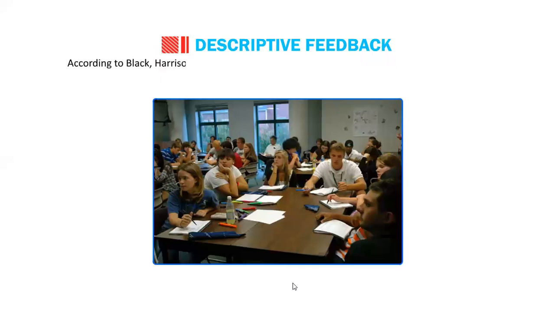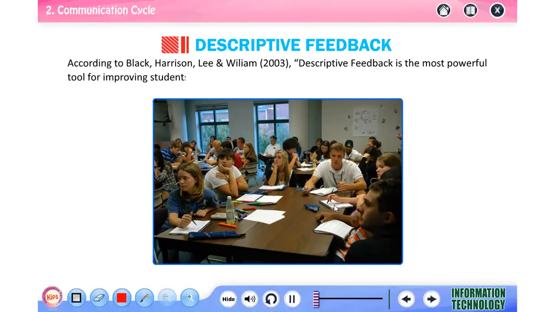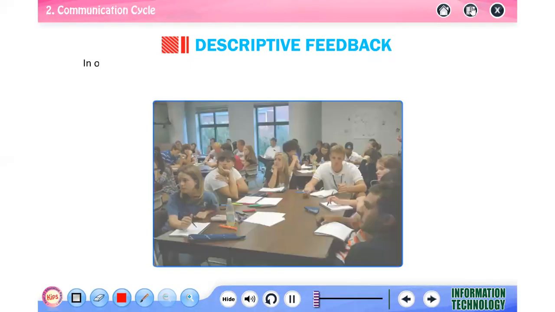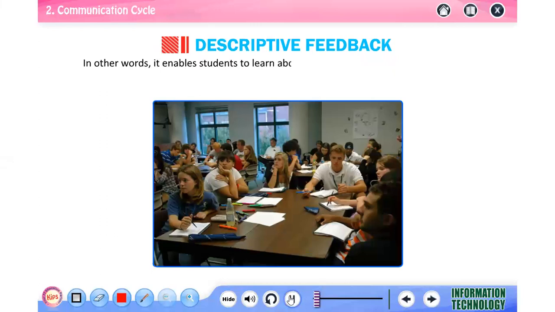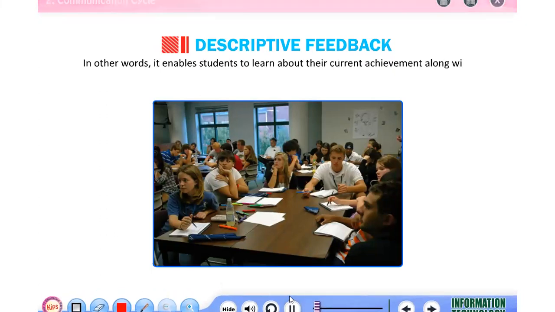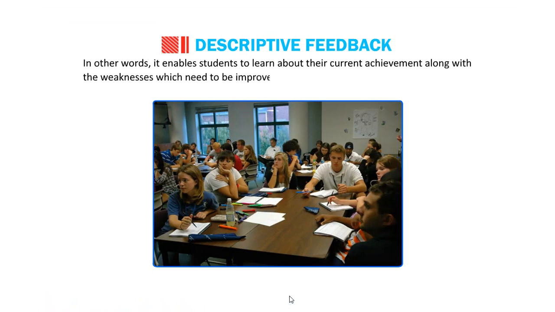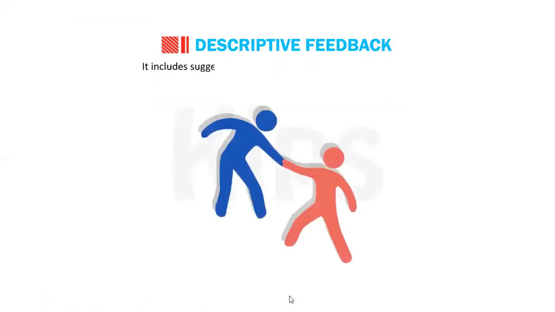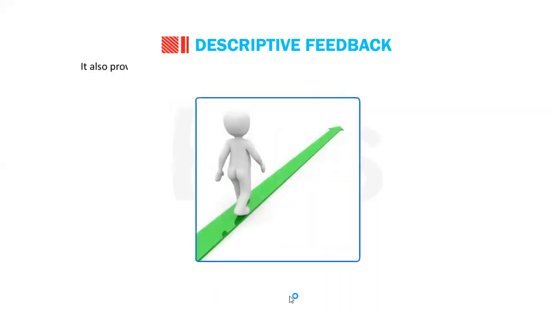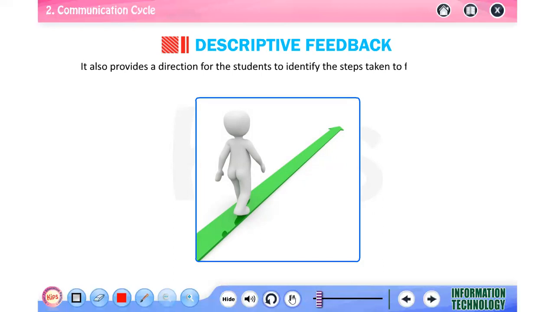According to Black, Harrison, Lee and William in 2003, descriptive feedback is the most powerful tool for improving students' learning. In other words, it enables students to learn their current achievement along with the weaknesses which need to be improved. It includes suggestions that can achieve their objectives. It also provides direction for the students to identify steps to fulfill their goals.